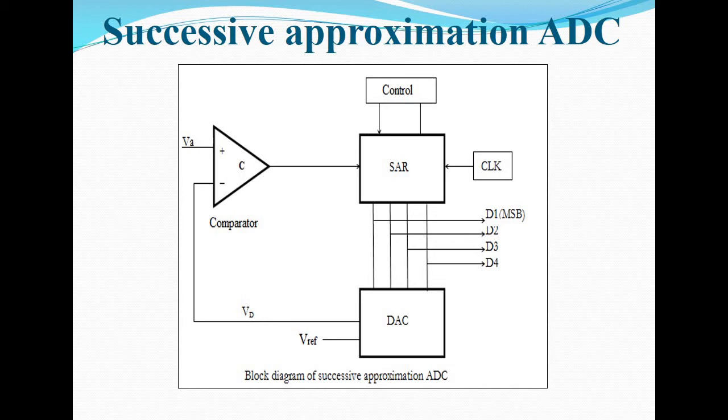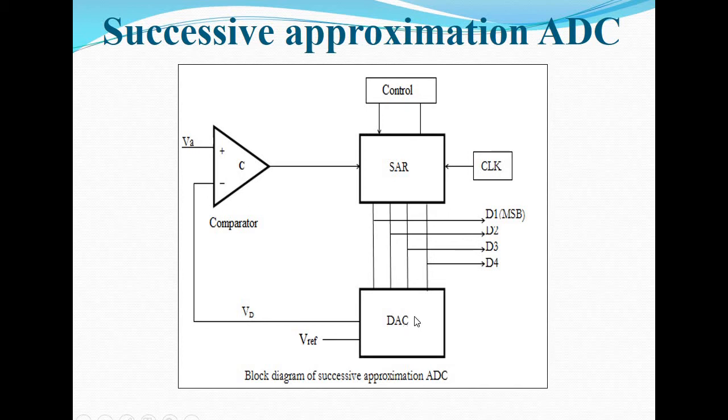This is the block diagram of the successive approximation ADC, which consists of successive approximation registers, SAR. We have another unit called control, which interacts with the successive approximation register. Then there is a clock which also interacts with the successive approximation registers.